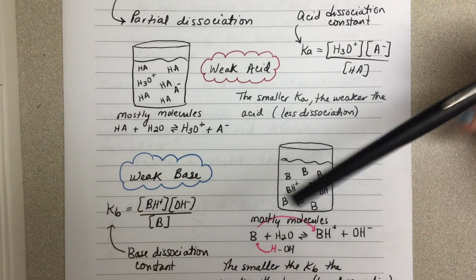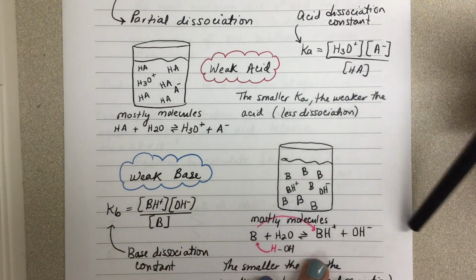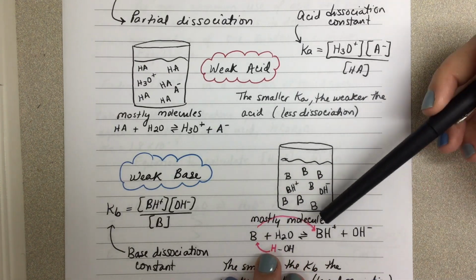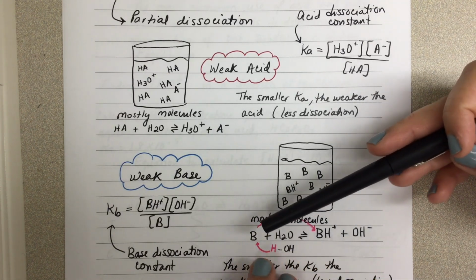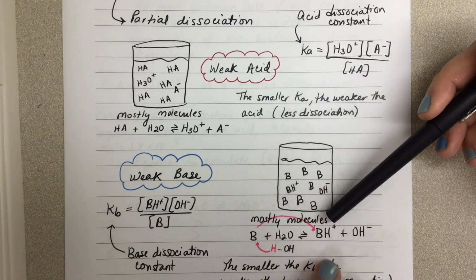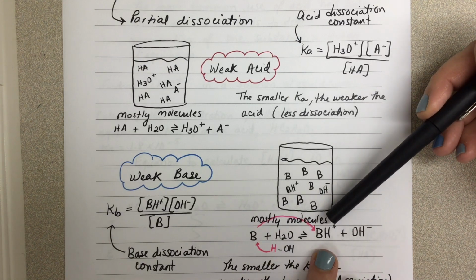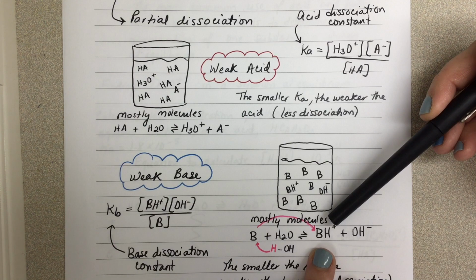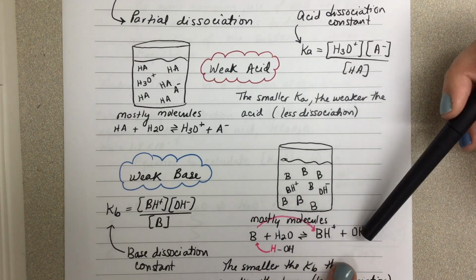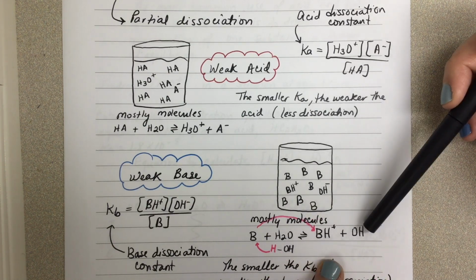For my weak base here, I have a generic equation representing the dissociation of your weak base in water. So you have the base accepting the proton to give you here your protonated base, which is the same as the conjugate acid. And then you have the OH, the hydroxide, coming from your water molecule.